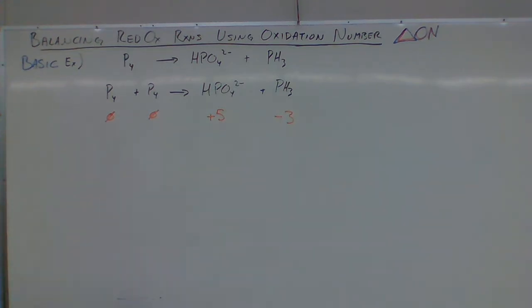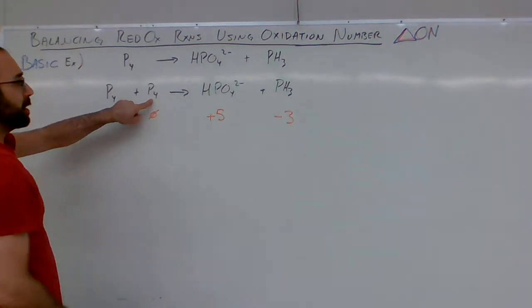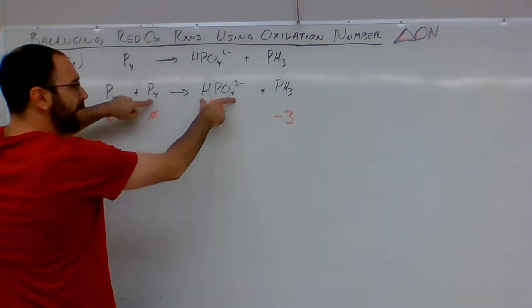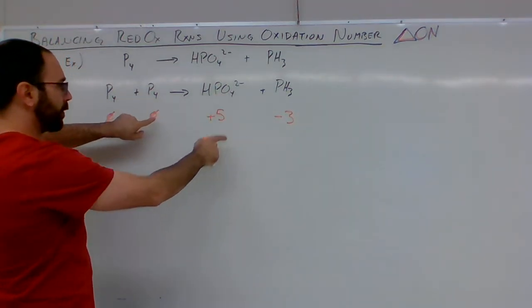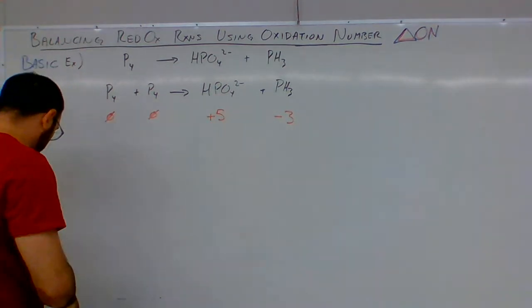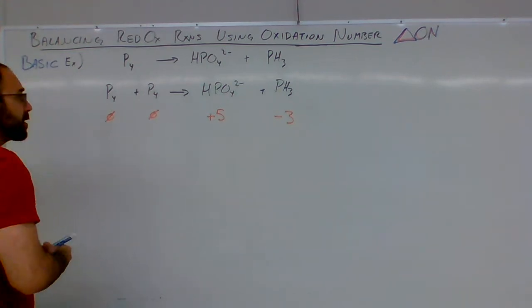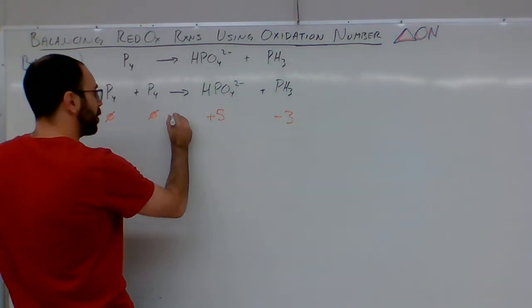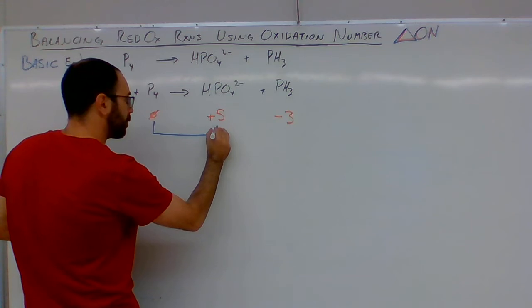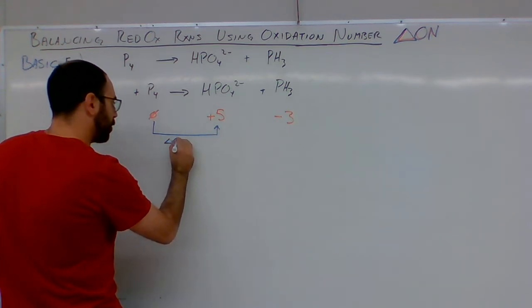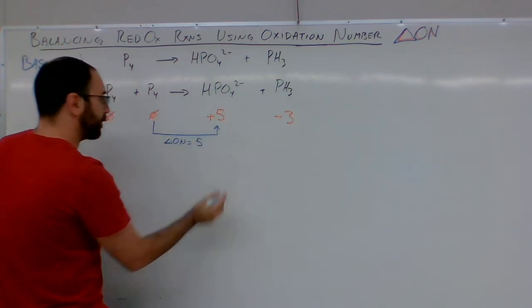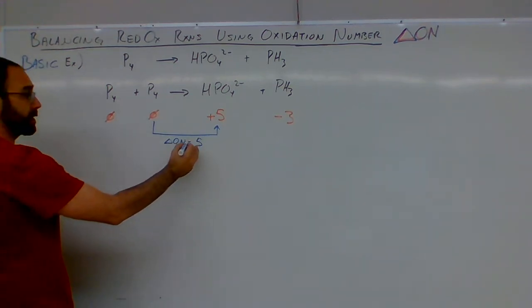All right, so when we're going from the P4 to the HPO4, we are going from a 0 to a +5. So this one is being oxidized with a delta ON equal to +5.